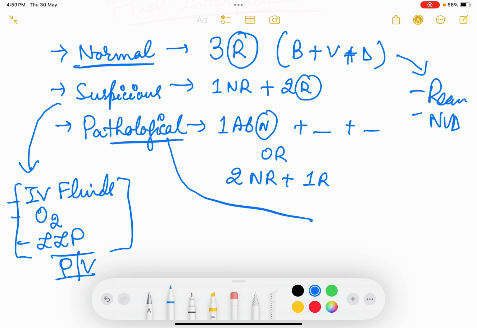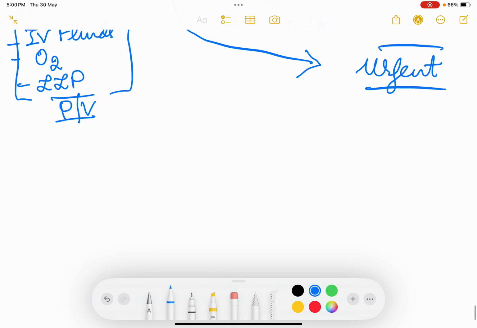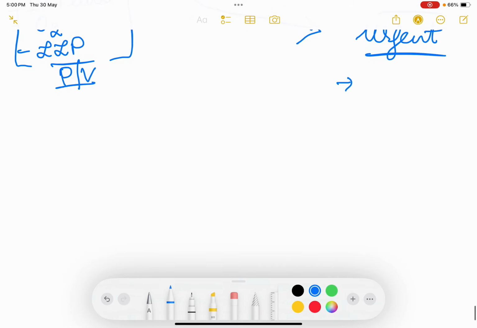But in pathological CTG you have to do urgent delivery. It will be an emergency delivery that has to be conducted. So what you do is, at the very first onset you will give IV fluids, ऑक्सीजन and left lateral position तो करेंगे ही, इसके साथ साथ you do a PV examination and you try to see कि dilatation ठीक ठाक है कि नहीं.